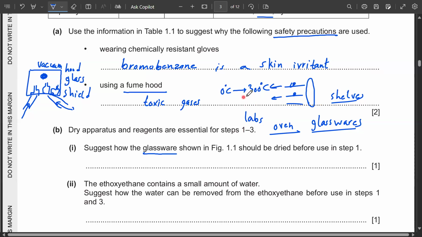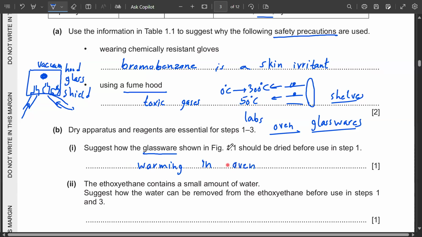Even 50 degrees centigrade is sufficient, so that you can easily grab the apparatus, or just wear thermal gloves, and take out the apparatus for use. So the way we can dry the glassware is by warming it in an oven.